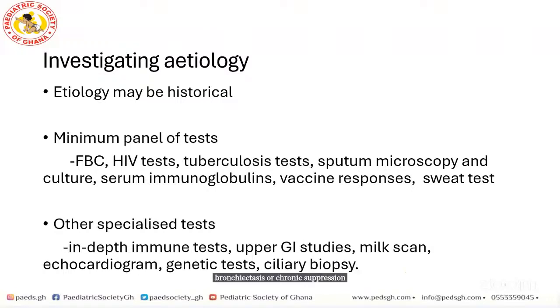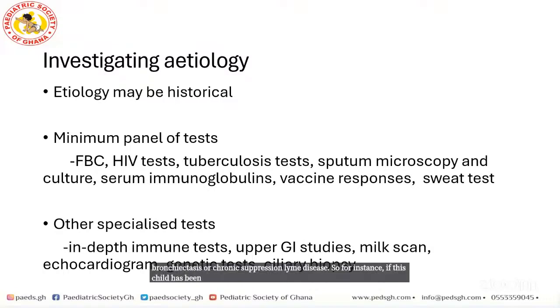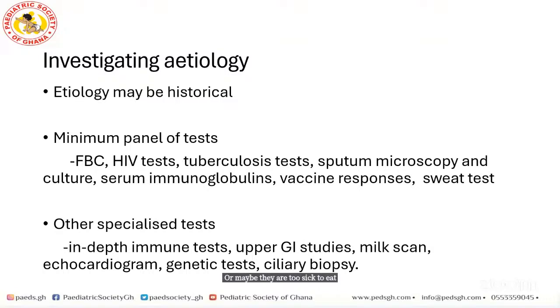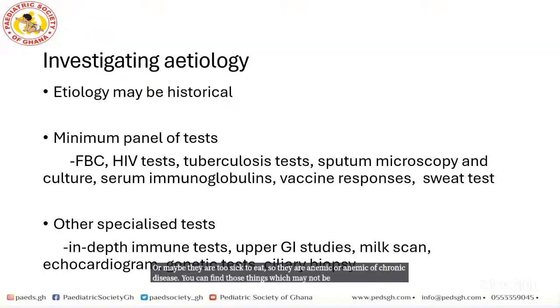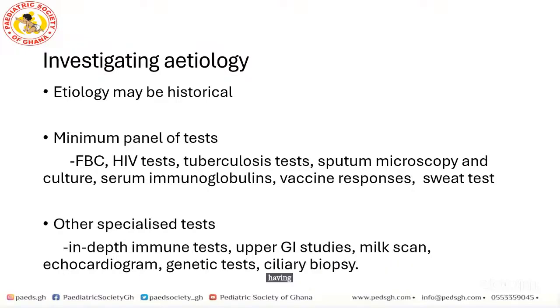So, for instance, if this child has been unwell for a long time, the child may be anemic, or maybe they are too sick to eat, so they are anemic, or anemia of chronic disease. You can find those things, which may not be directly the bronchiectasis, but just the effect of having had bronchiectasis for so long.